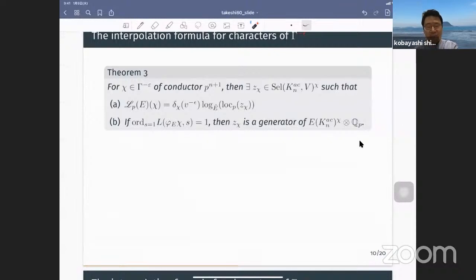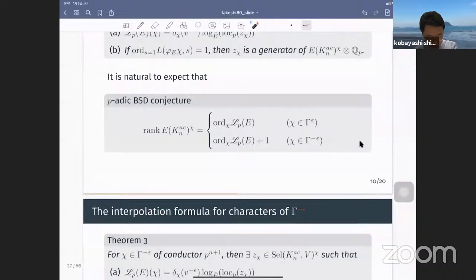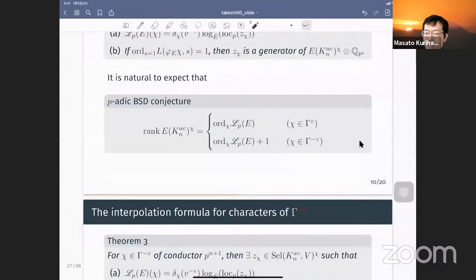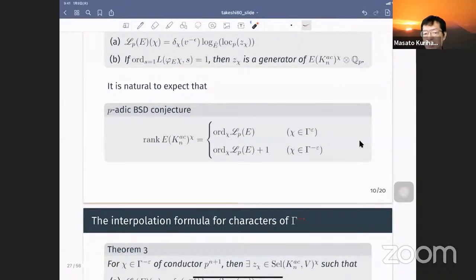And you said plus one: if chi is in the gamma minus epsilon part, then the rank is the order plus one. After Theorem 3, maybe. Such a plus one can also be explained from some kind of modification of Heegner points or something. That was my question.